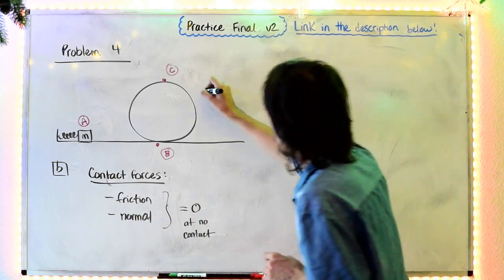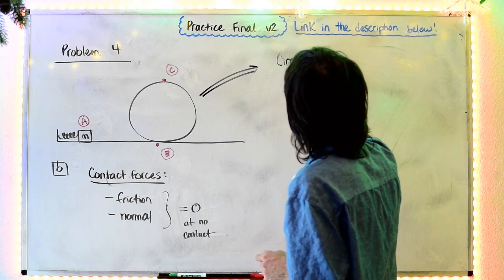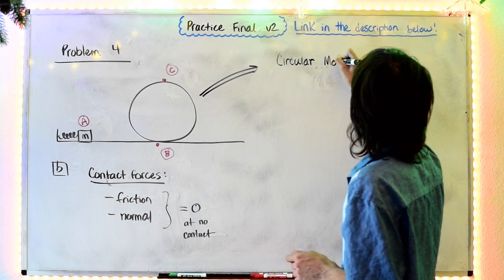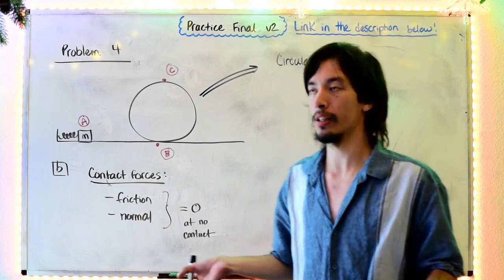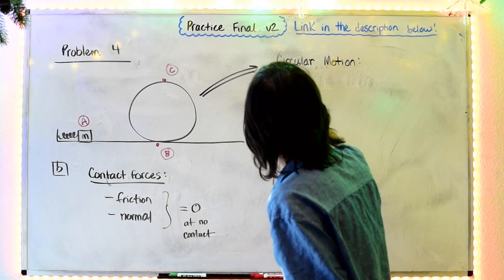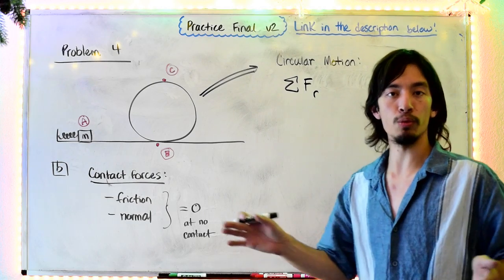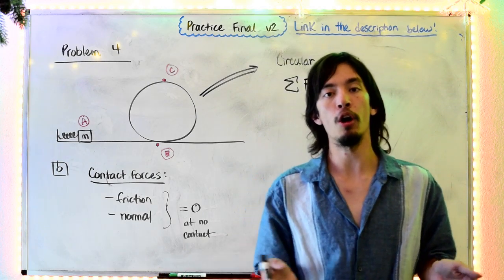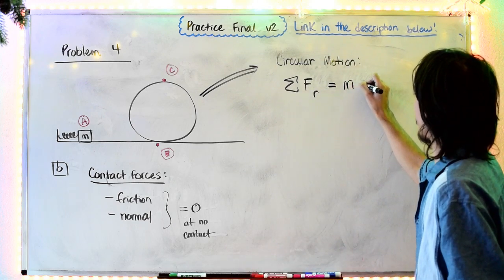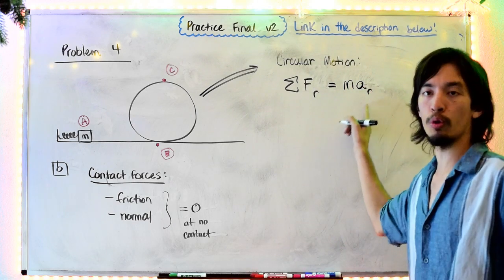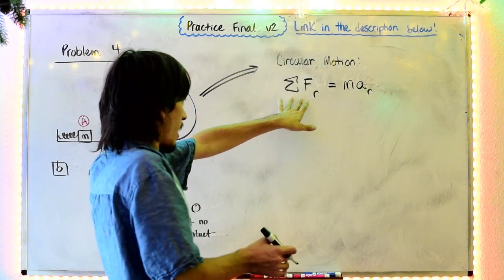So to solve this, you must realize that it is a circular motion, and there are forces acting on it to control its motion. In circular motion, the sum of all forces in the radial direction, along the radius of the circle, also written centripetal, equals mass times acceleration in the radial or centripetal direction.